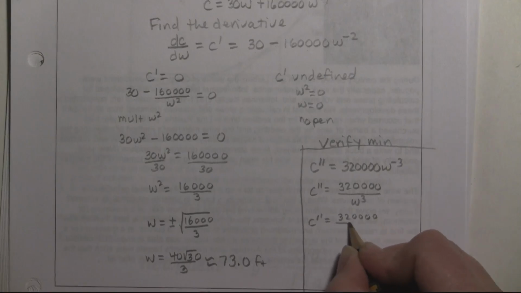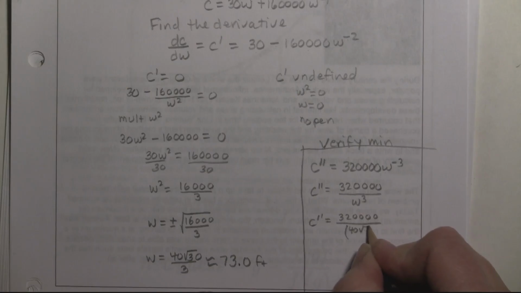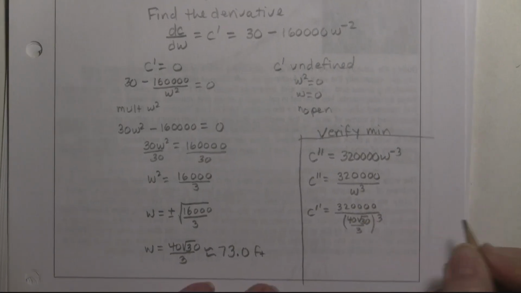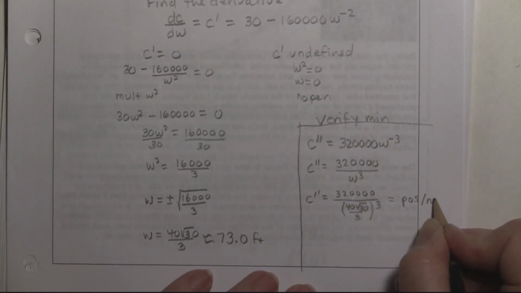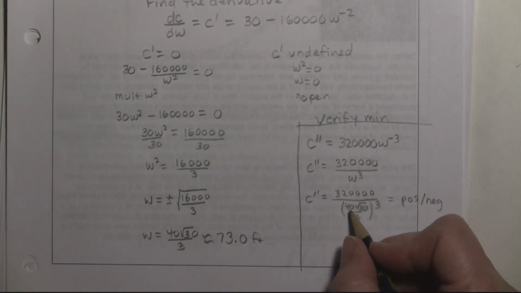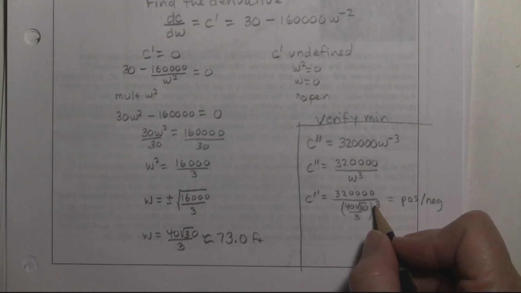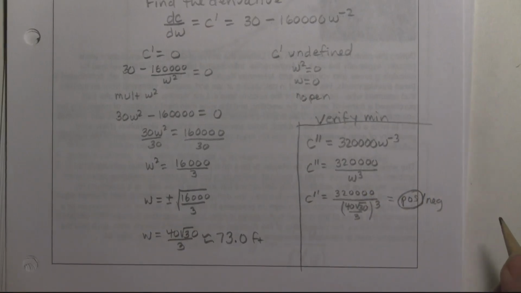So you plug in this value, 40 square roots of 30 over 3, cubed. And all I care about is, is it positive, negative, or 0? Because this is a positive value being cubed and divided by a positive value, this is positive, right?